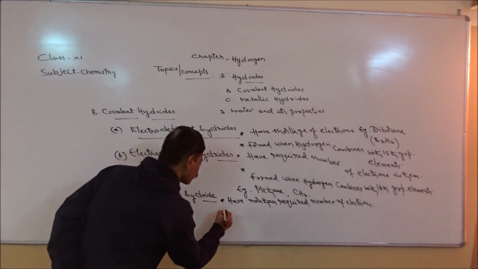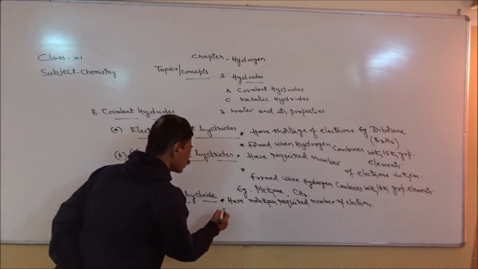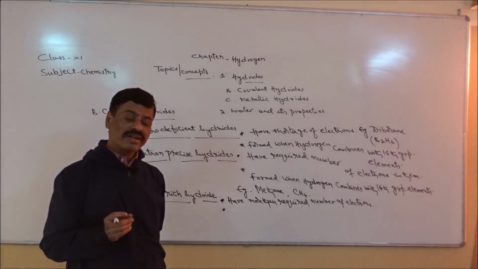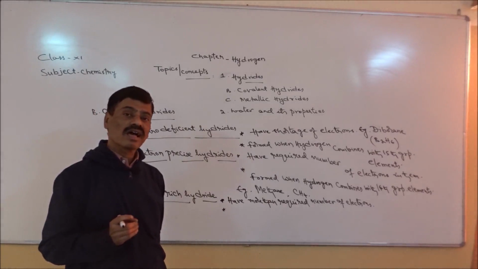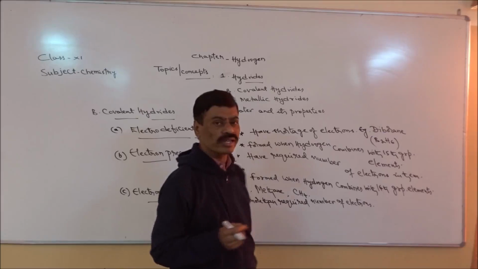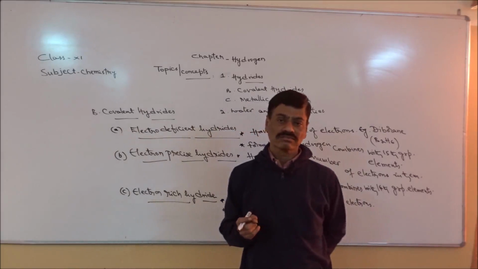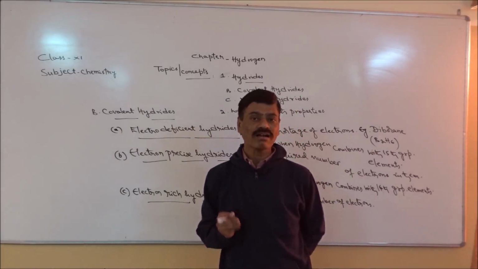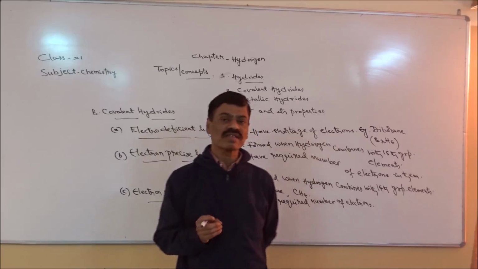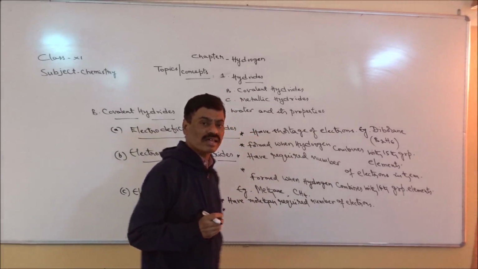Next, the second important point is these hydrides are formed when 17th group elements combine with hydrogen. 17th group elements means chlorine, bromine, etc. And also 16th group elements. 16th group elements means oxygen, sulfur, etc.